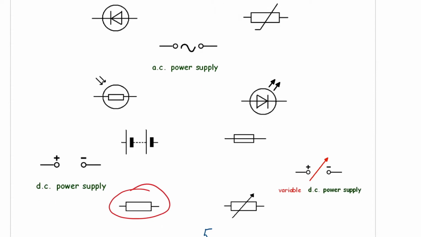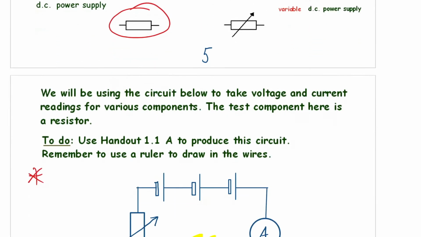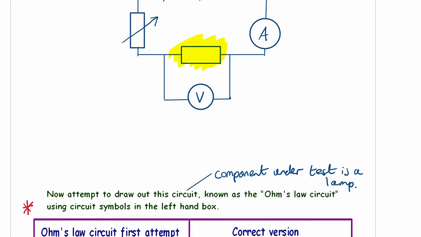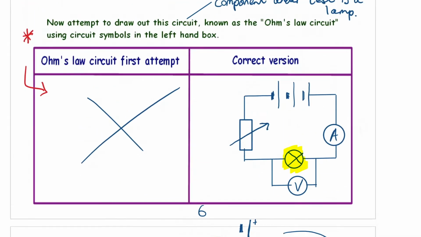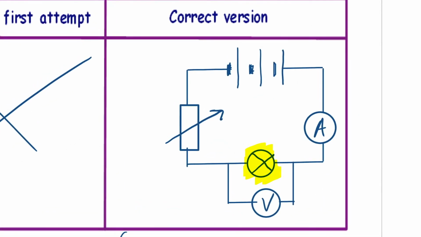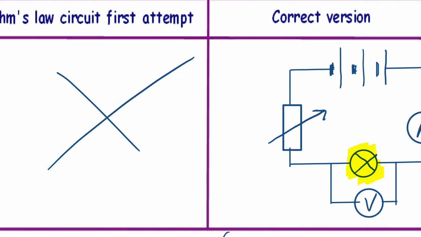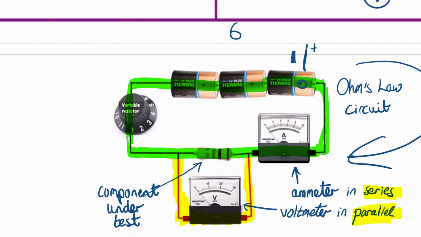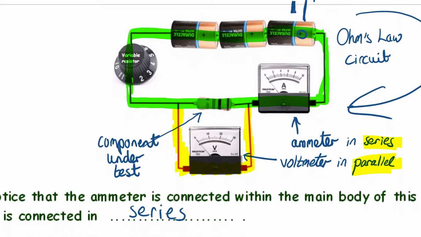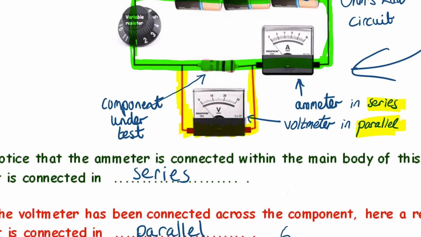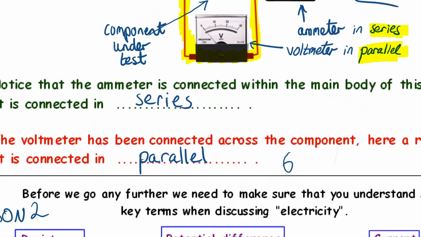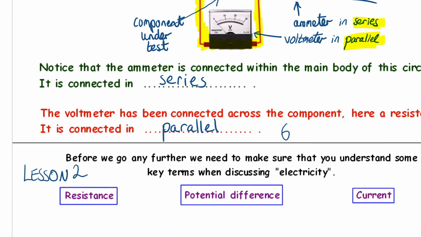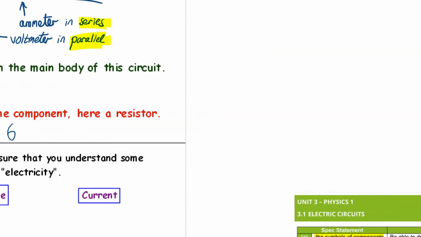You learnt these different symbols for electrical components and started to practice the skill of drawing circuit diagrams, and we very briefly touched on Ohm's law circuit using ammeters to measure current and voltmeters to measure voltage, and briefly looked at the difference between series and parallel circuits.